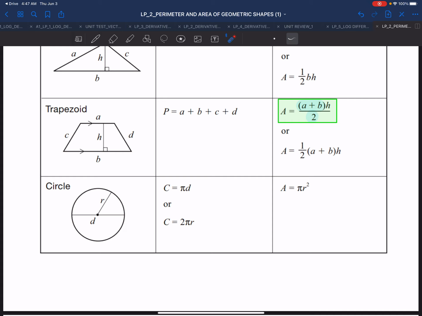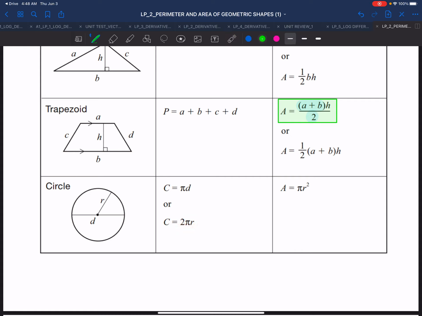So the next shape is that of a circle. We're all familiar with the circular shapes. The only measurement we actually need to draw this specific circle is the radius. Now we say that the circumference, which is the length of the line that forms the circle, also known by the word perimeter or circumference for the circle, is equal to 2 pi r.